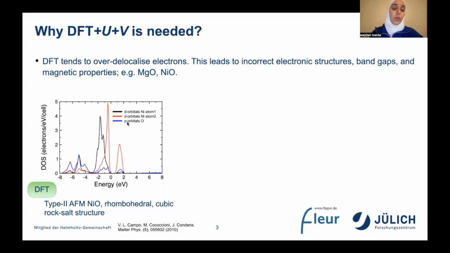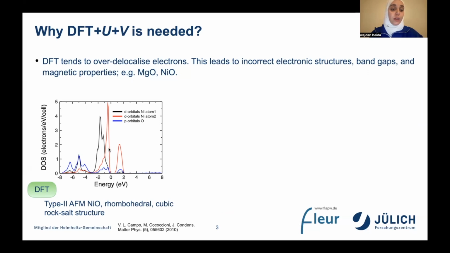We also highlight the p character of the oxygen orbitals. You can see that DFT has a small gap of about 0.6 eV, and this is smaller than the experimental value, which is about 3 eV.